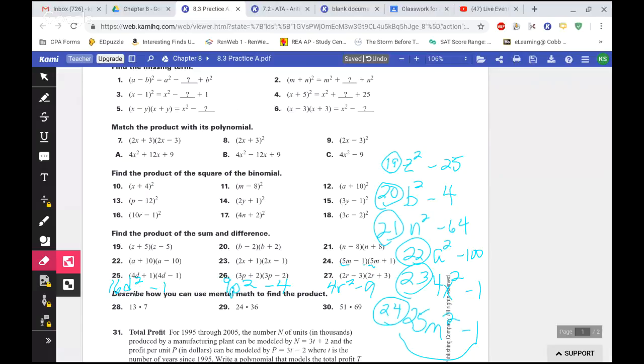But this is just a shortcut for these special binomials. So when the binomial is the product of a sum and a difference, you can understand that middle term: when you were foiling, the O and the I, these two terms from FOIL actually cancel out. So you're only left with the first and the last. And that's why these look like that.